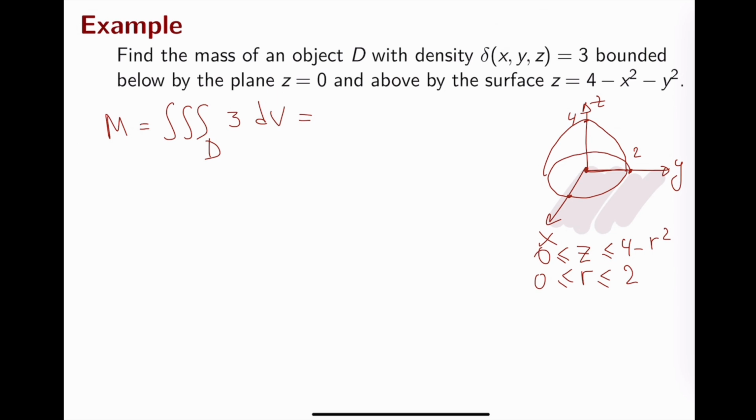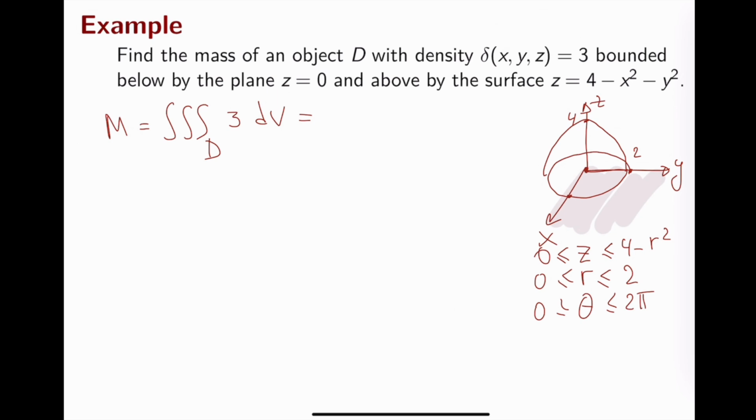And finally, the angle is going to vary all the way from 0 to 2 pi. So we can see that we have a very easy description of this solid if we use cylindrical coordinates.